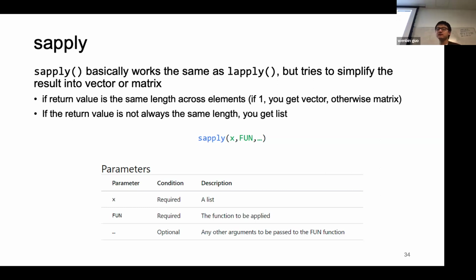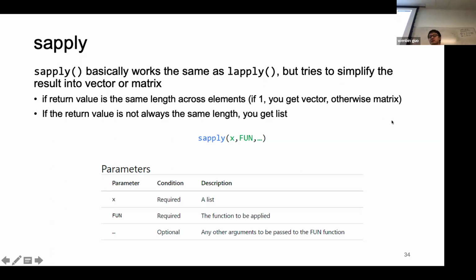For example, if the length is always 1, which means each of the elements has 1 value as a result, then when summarizing the results, it will just give you a vector, right? And if it has multiple values, but with the same length, then it tries to return a matrix.